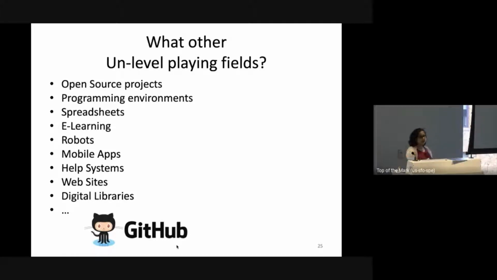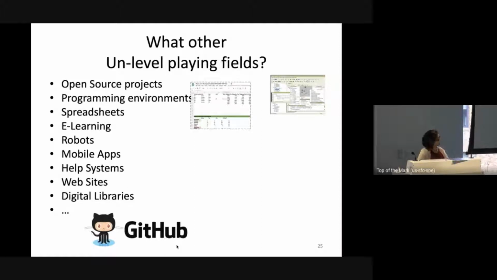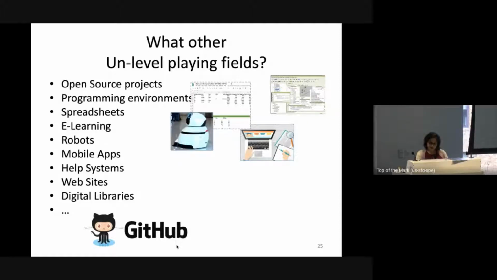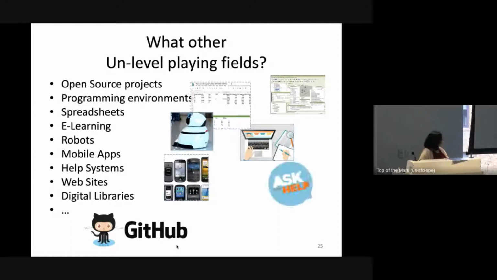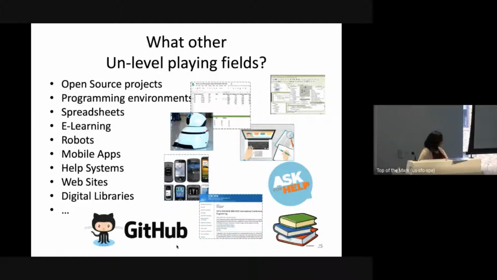Here are other areas where either we have done or other people have run GenderMag and found issues: programming environments, your IDE, spreadsheets, e-learning tools, robots, mobile apps, web help systems, websites, digital libraries, the list goes on. So more often than not, tools seem to be embedding these biases that we are building.